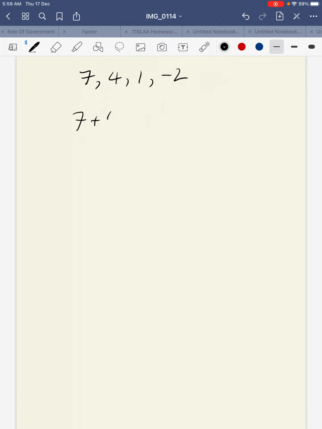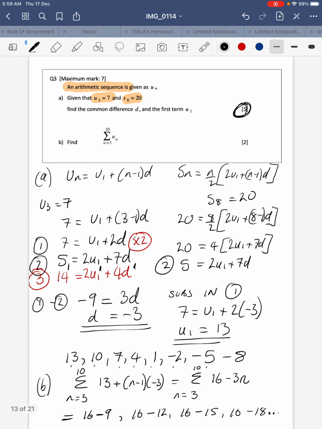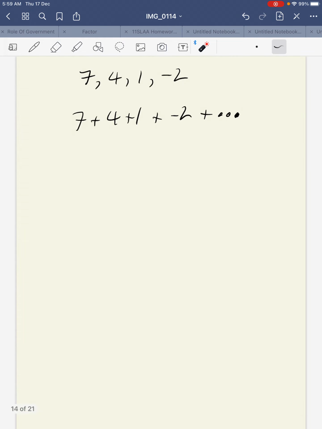Now this is 7 plus 4 plus 1 plus negative 2 plus, and of course the last term is when we substitute 10. The last term is when we substitute 10 into this expression here. So 16 minus 30 is negative 14. Okay. So this is from 3 to 10. 10 minus 3 is 7.